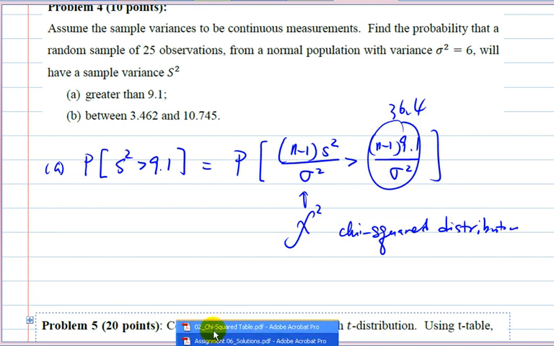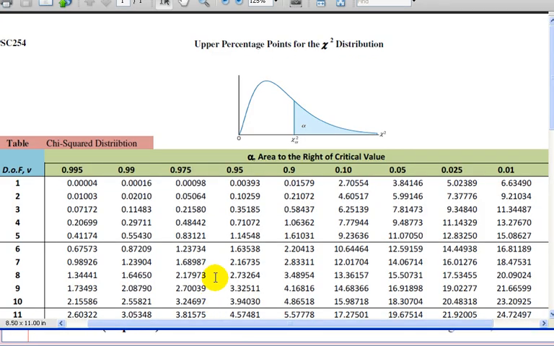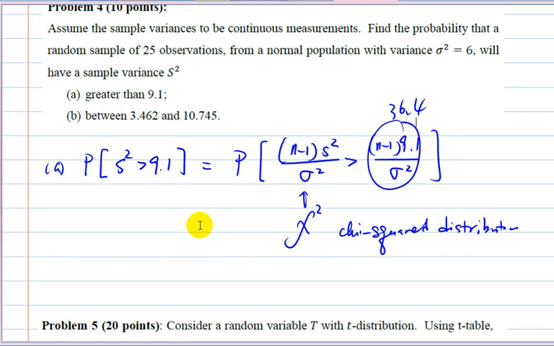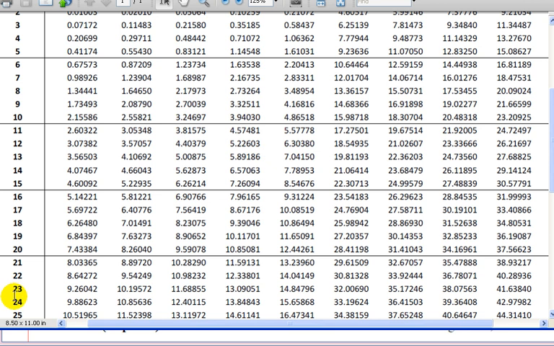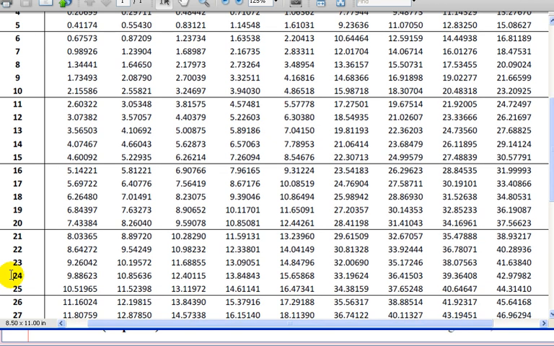Let's look at the chi-square table. First of all, what's the degree of freedom? We have 25 observations, so v equals 25 minus 1, which is 24. So go to degree of freedom 24 and look for 36.4, right here.